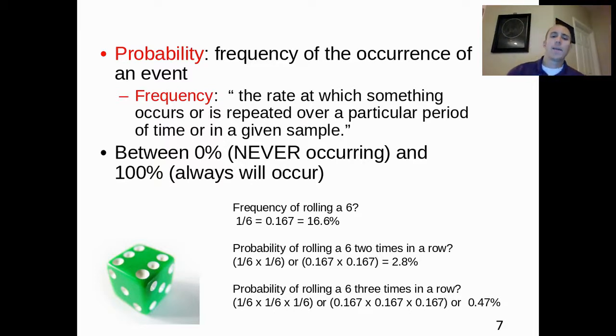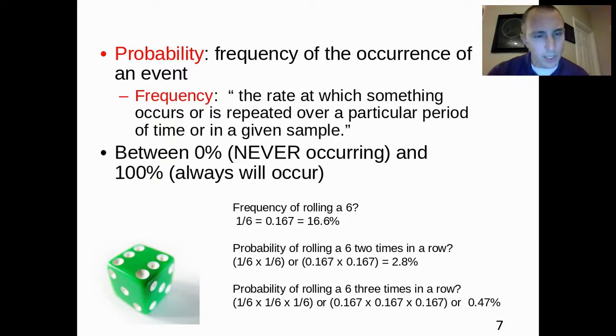So now let's say that you wanted to roll 2 sixes in a row. So now we can do the same thing. We can take our 2 decimal values. We want to use our decimal values, not multiply the percentages, not multiply fractions. That will just get more complicated. So you're just going to multiply those 2 decimal values together.